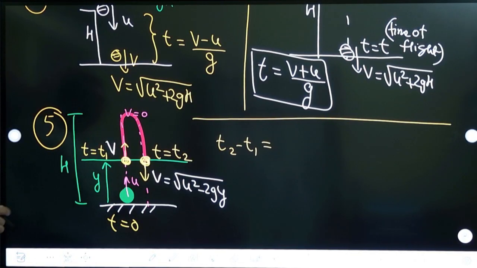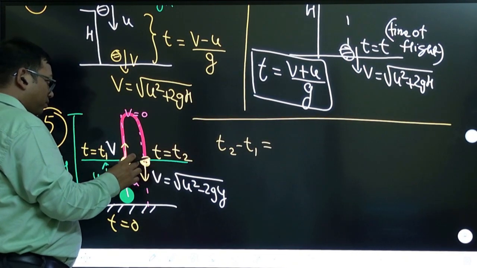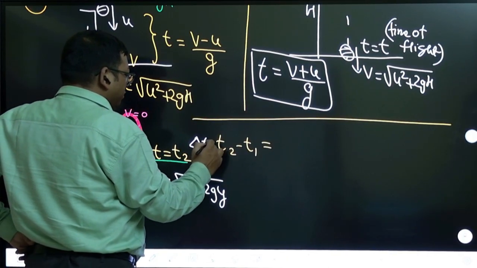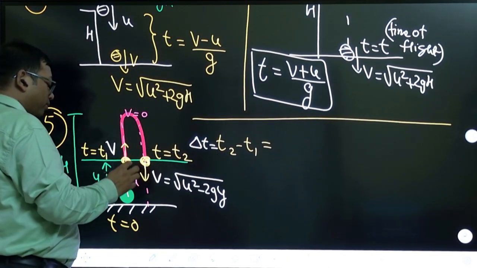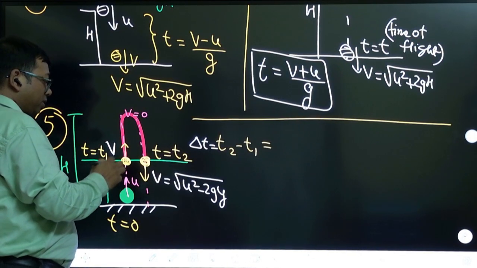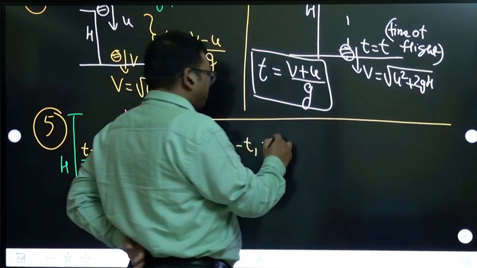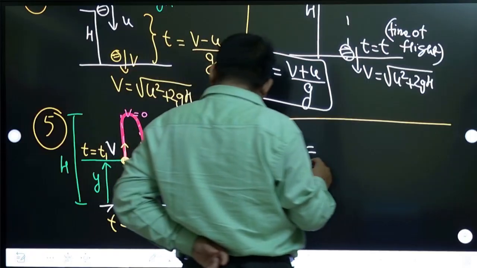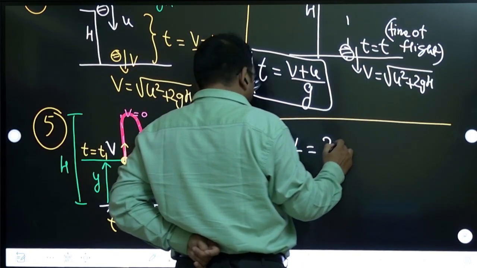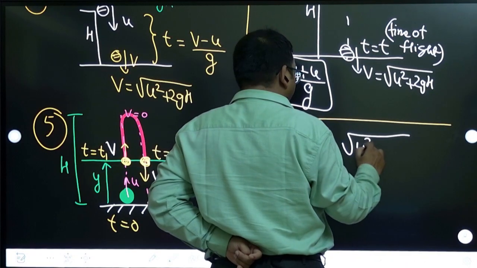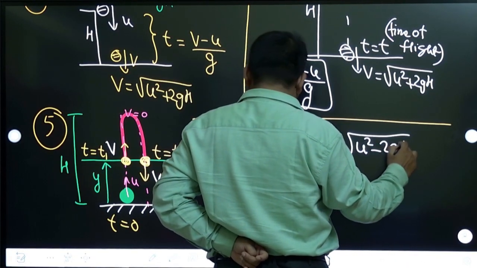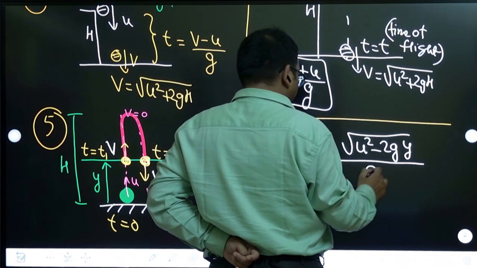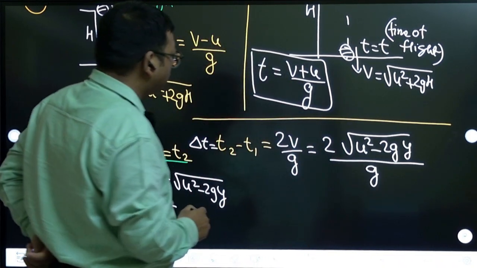This interval t2 minus t1, which you can write as delta t, can be calculated as the time of flight for this, which will be 2v by g. And this v you can substitute from here as root under u square minus 2gy.